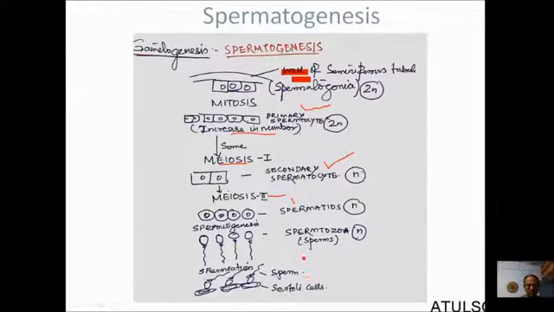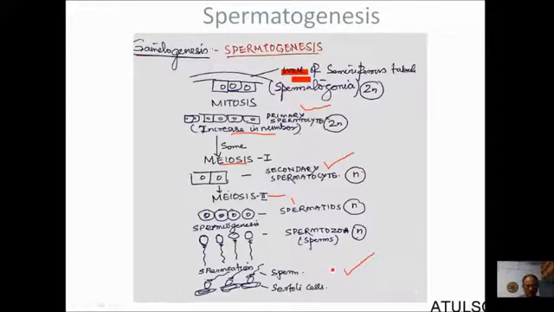They change from spermatids to spermatozoa, which are nothing but the sperm, and this process is called spermiogenesis. So spermiogenesis is the change of the spermatids into spermatozoa.